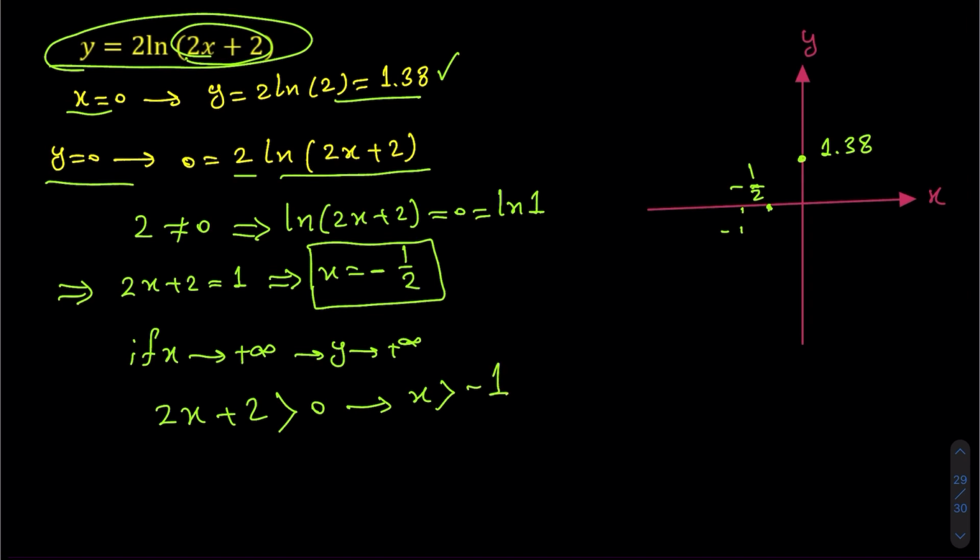So x can never be less than negative 1. Okay, so now I will connect these two points together, and here is the limiting point, which is negative 1. Okay, x is equal to negative 1.